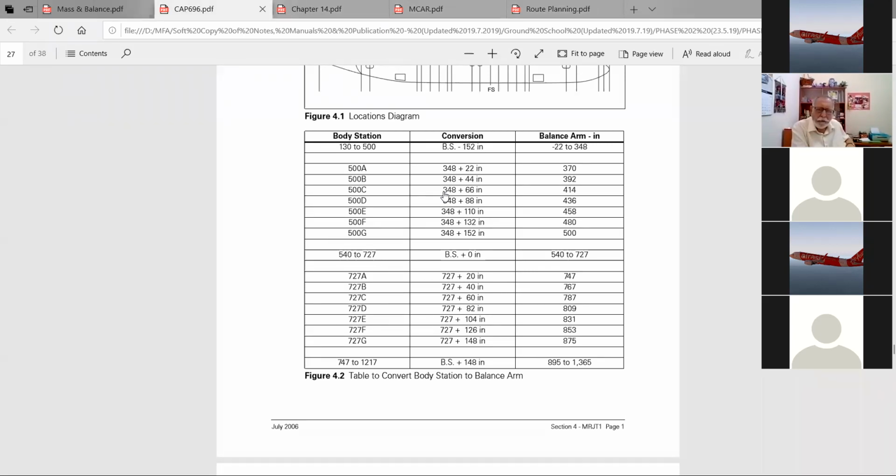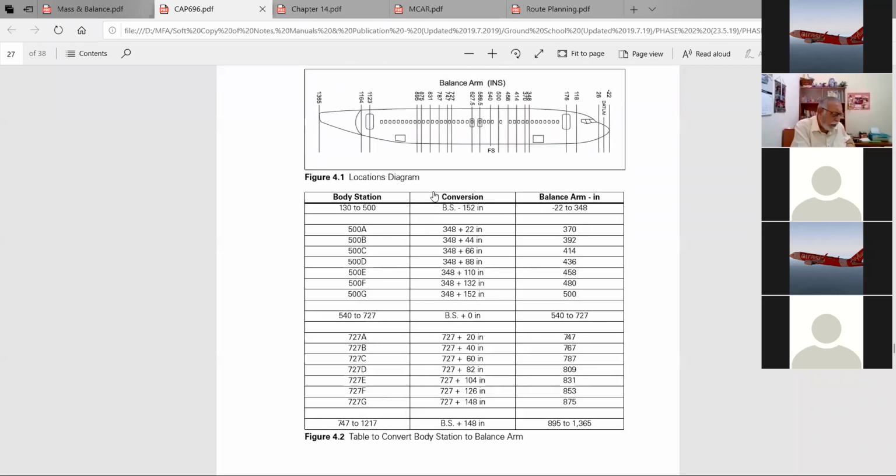There are 4 questions. Above that, there are 2 questions. If you read that, convert balance arm. Just read it. What is 500E to balance arm? 500E balance arm is what?